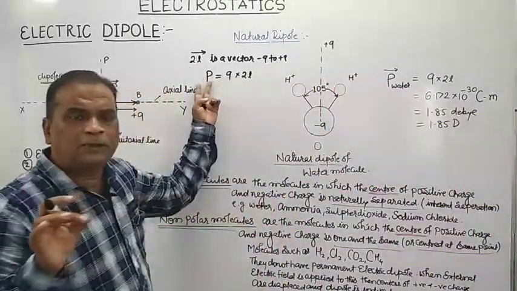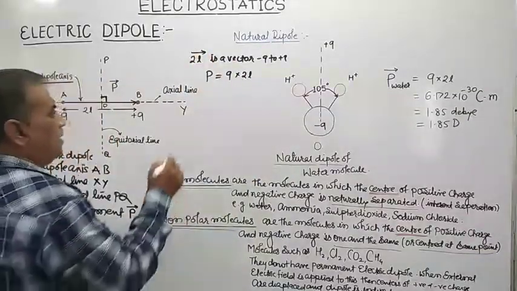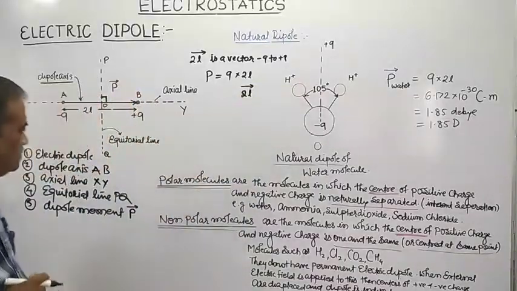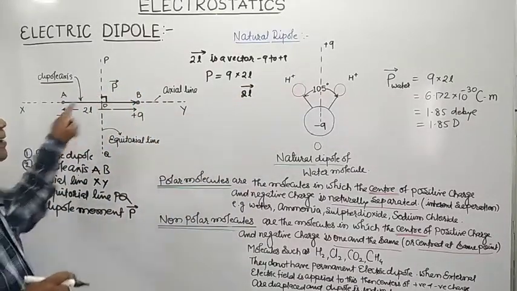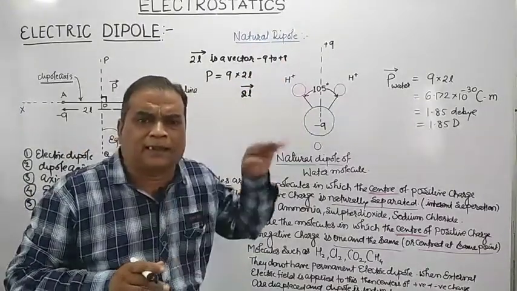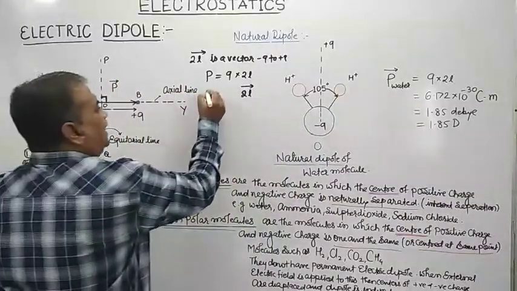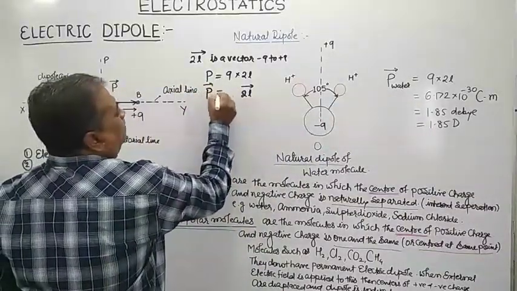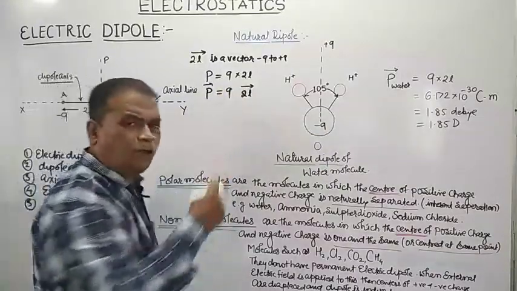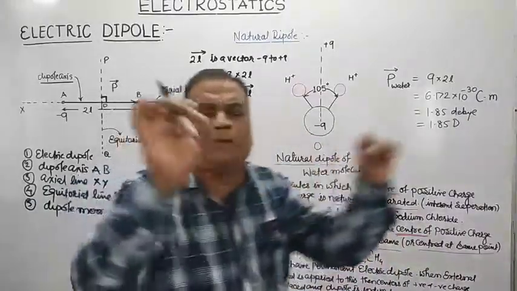But because 2L bar is a vector pointing from the minus q charge to the plus q charge, the electric dipole moment is the product of the magnitude of charge and the vector 2L bar.